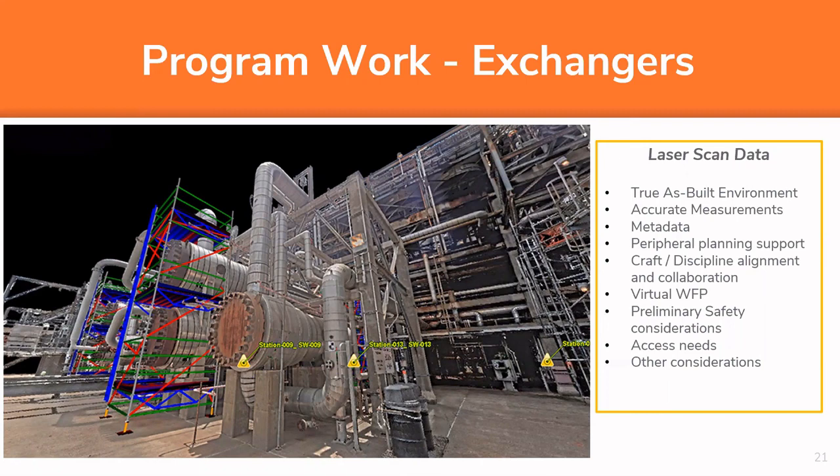And I can also see the environment, so I understand if I have sensitive equipment in the area that I need to take into consideration as I'm building my plan, and any emergency situations that we think might arise. You could have hot surfaces that you wouldn't recognize from a 3D model that you could see in a laser scan. There's a lot of advantages to looking at a laser scan model.